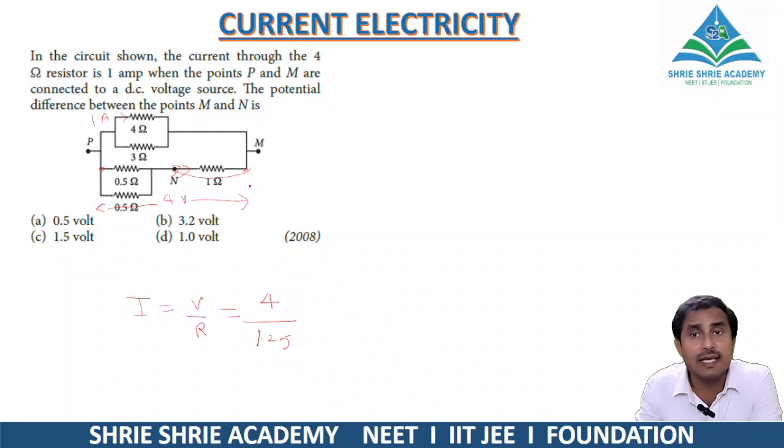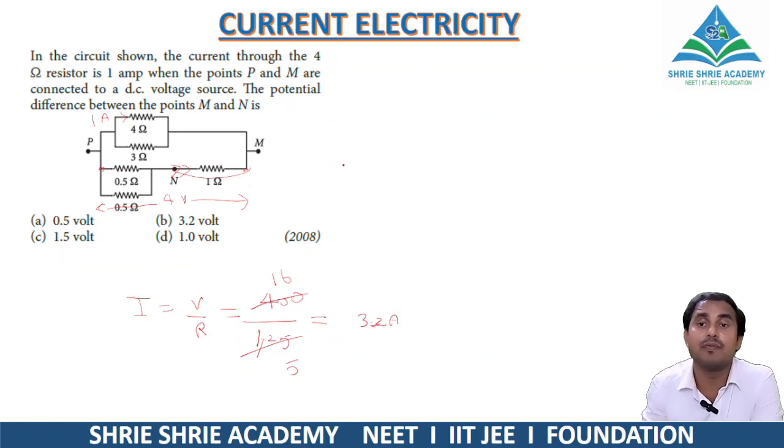Then he is asking for the potential difference between points M and N, right? So first we get the total current, 4 divided by 1.25. So you can do 400 by 125, and you get 3.2 ampere. The current is 3.2 ampere.